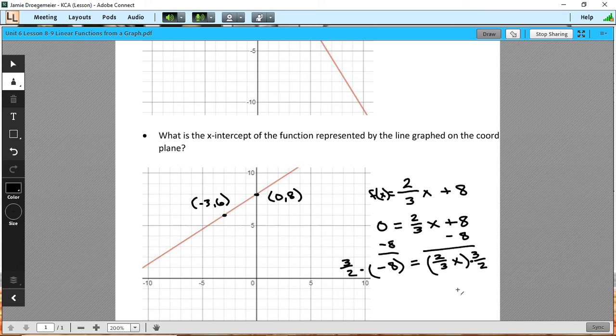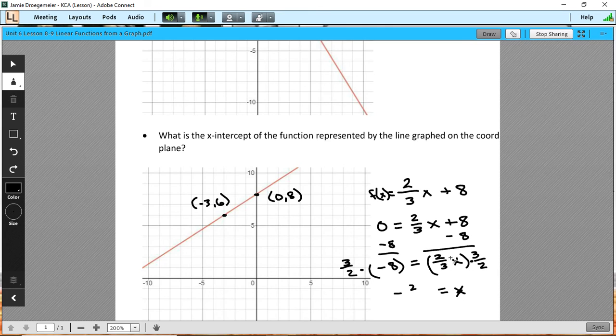When I do that over here, 2/3 times 3/2 is just 1, so this is 1x. And then on this side, 3/2 times -8 would be -24/2, which I could simplify to -12.